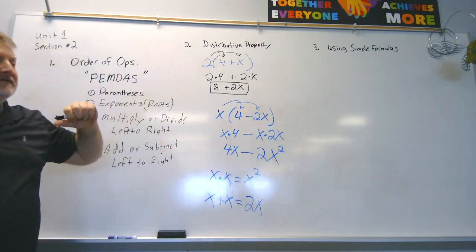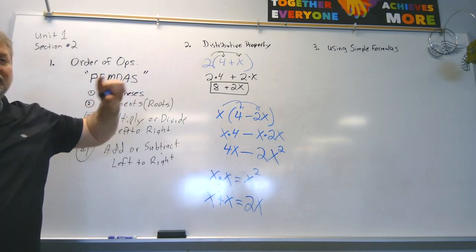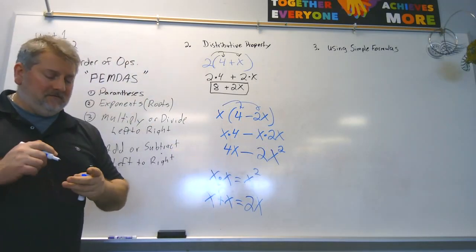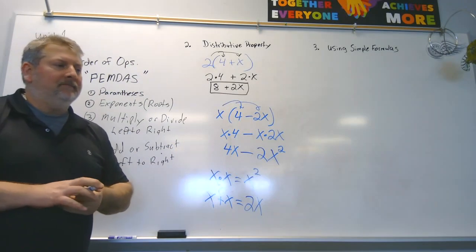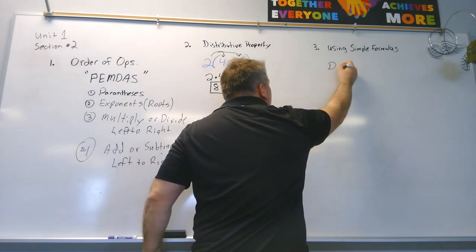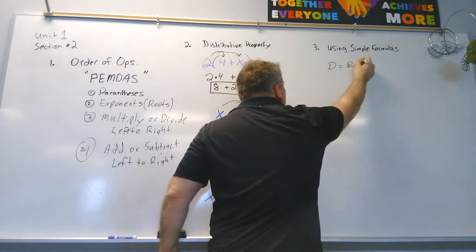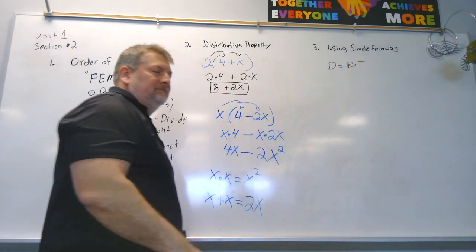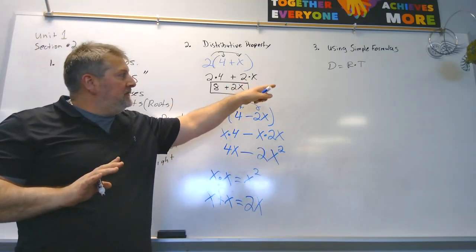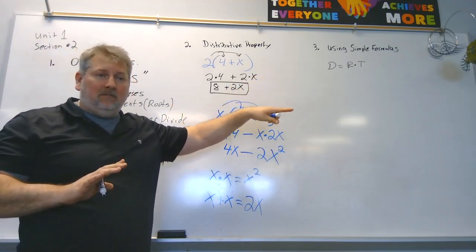The third thing for this section, using simple formulas. I'm going to give you some really easy formulas to use so they won't be complicated. The first one, D equals RT. Okay? In your science classes, you may get this formula: distance equals rate times time.